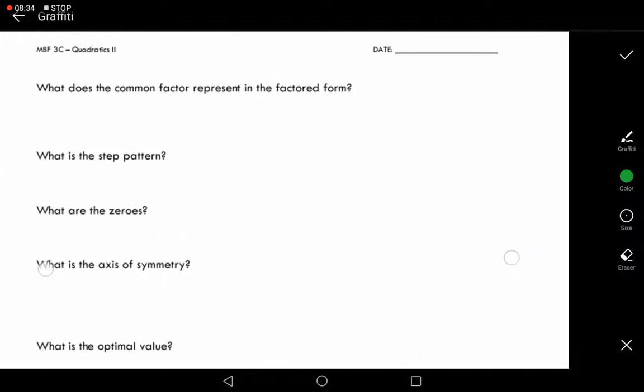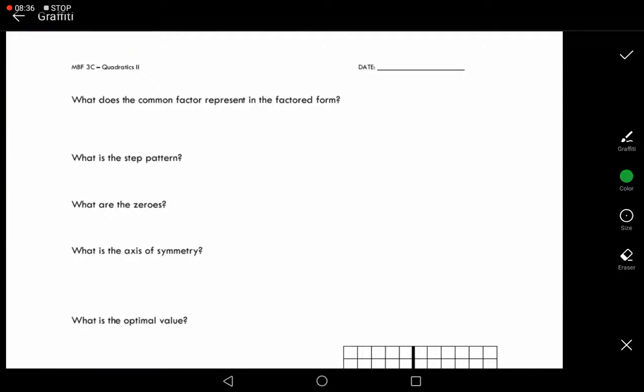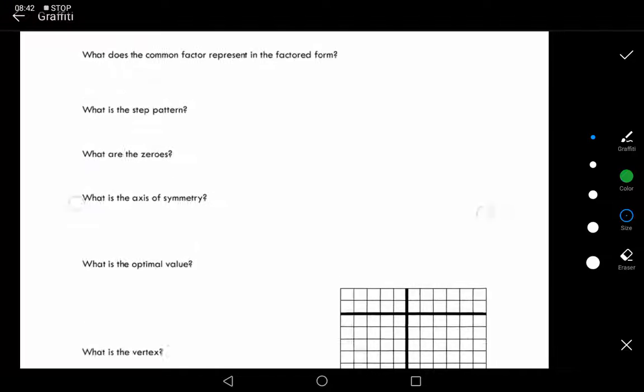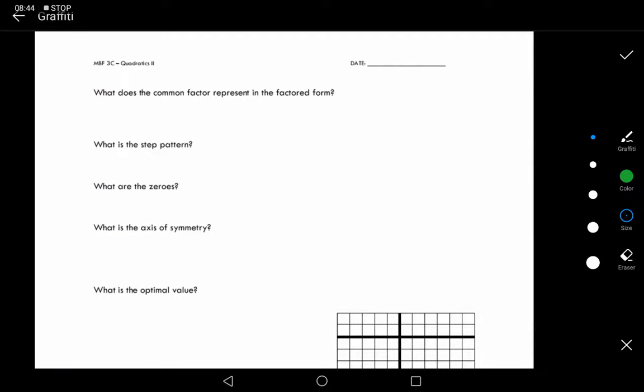Okay, so it says, what does the common factor represent in the factored form? Okay, there we go. So the common factor, so that's what we're common factoring out. It's always the a value. Okay, so in that last case, on that back side, our a value was 2, right?